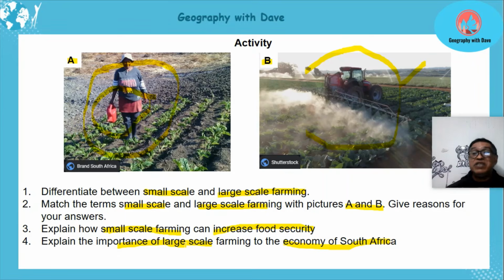It's linked to other industries, so it promotes secondary activities, because it provides the raw materials. It creates labor, so more people are employed. It has a lot of exports, bringing a lot of foreign currency into the country.